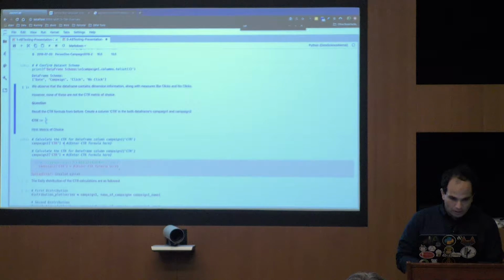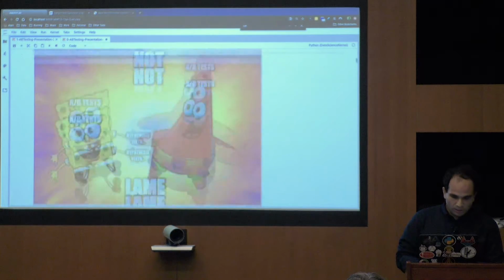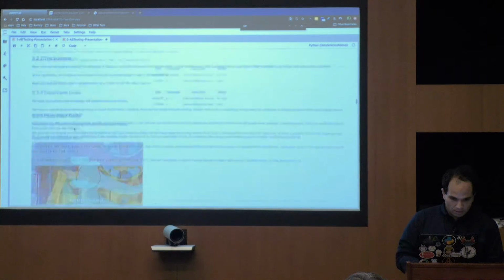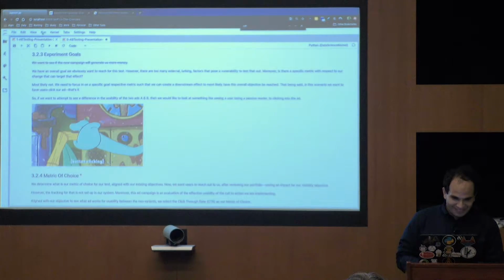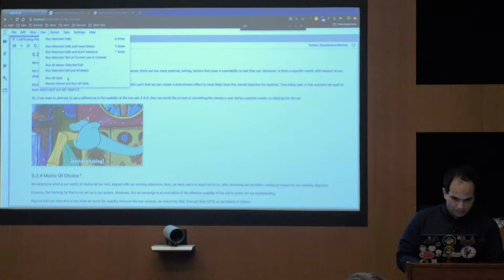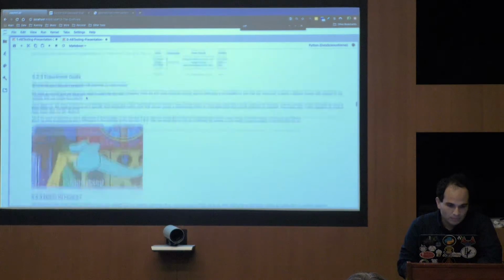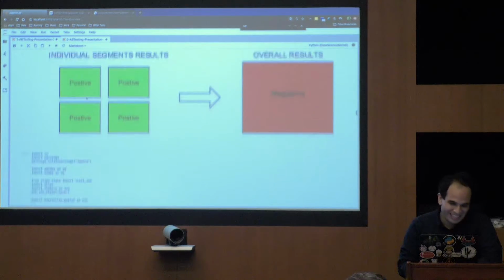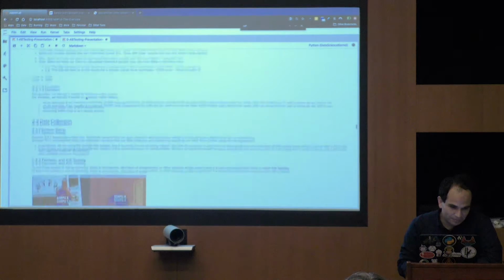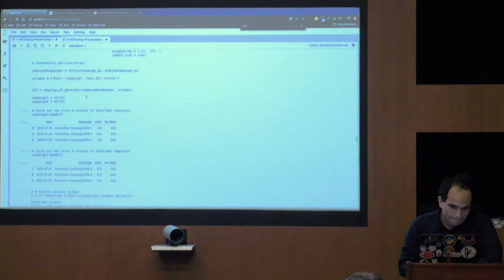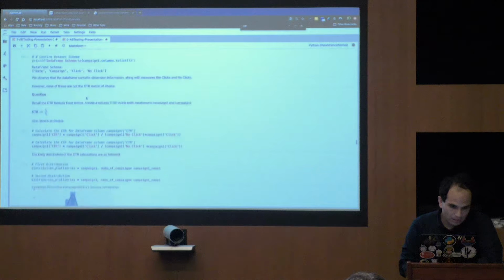Here we go through our calculation of our campaign click-through rate. Let me go to the solution section real quick, because I'm running out of time. Right about here.